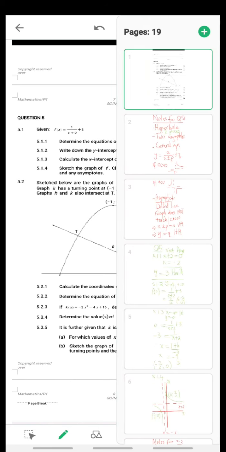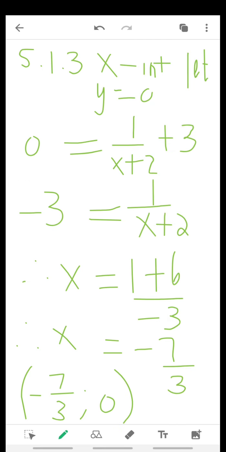All right. Now, this is how I've worked it out. X-intercept, let y be equal to 0, meaning where there is y, I'm going to substitute with a 0. And then whenever we deal with a hyperbola, the first thing that we need to remember, especially when you're finding the x-intercept, is to start by transposing your constant.